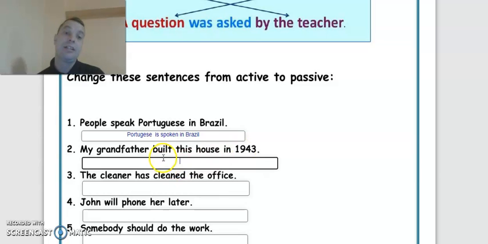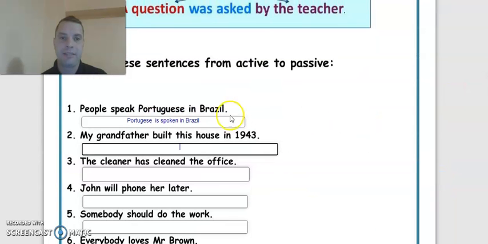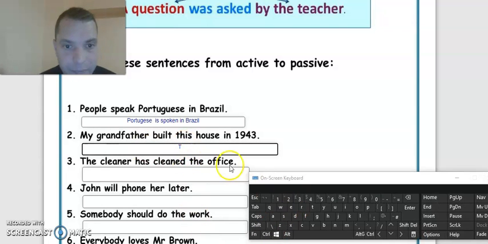So we know that the grandfather has built it, so it's active. We say it's an active sentence. But if we change it to passive, what do you think we would say?